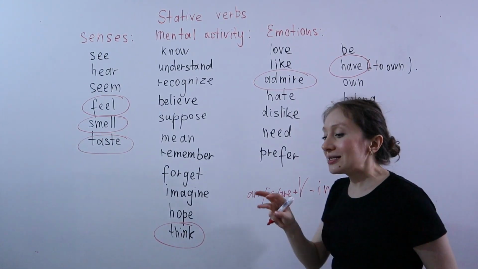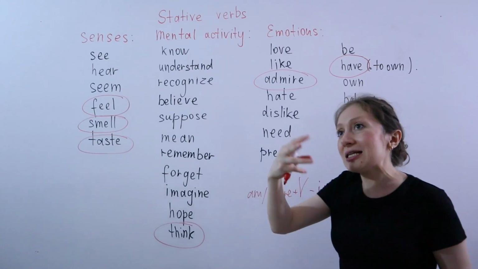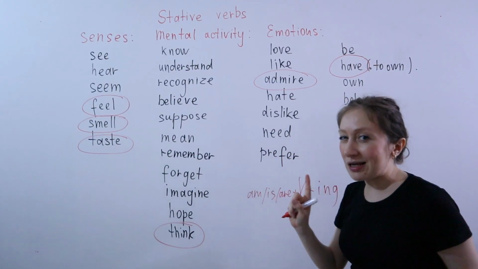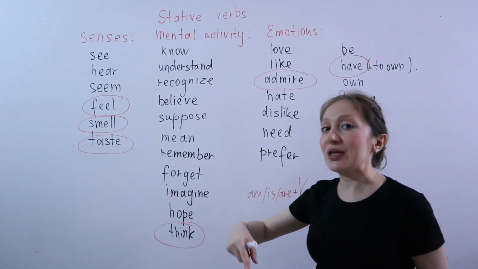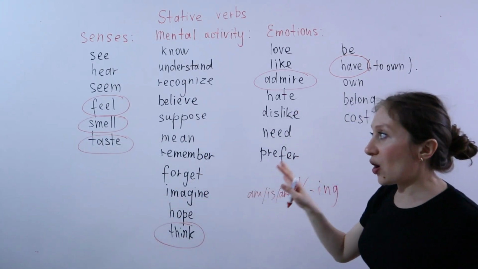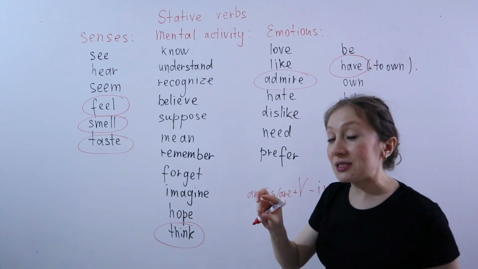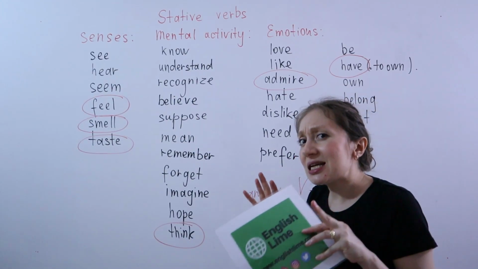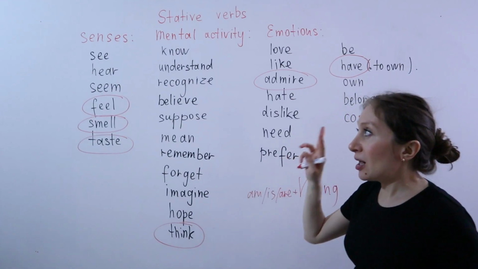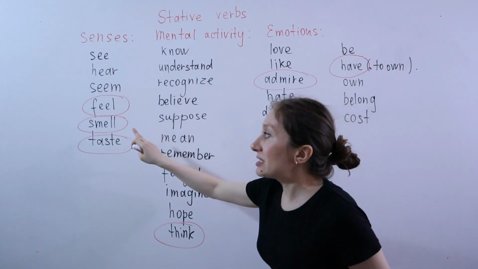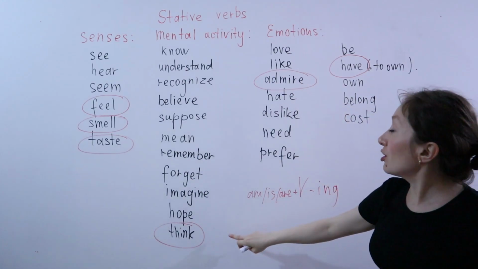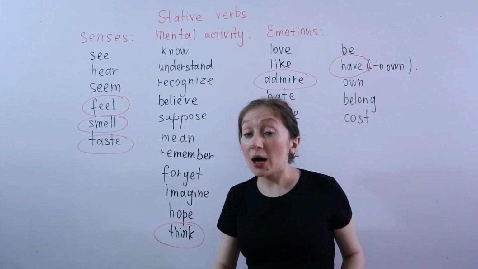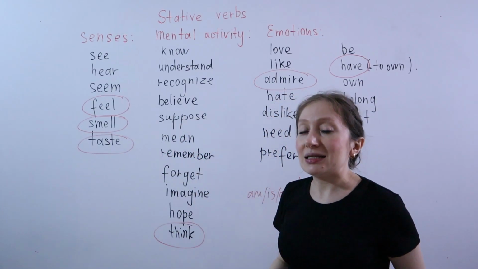So they are some exceptions, like exceptional verbs that can be used in present continuous. I will explain it in the next lesson. So some specific verbs that can be used with ing in some specific situations. Please remember, feel, smell, taste, admire, think, have. Six verbs that I will talk about in our next lesson.